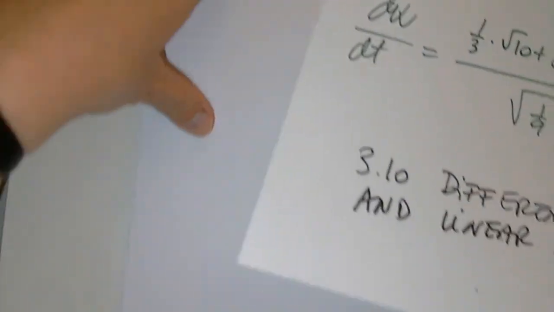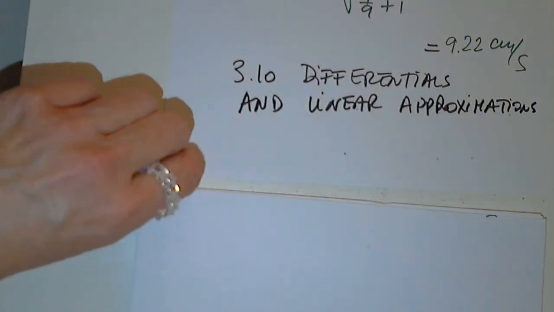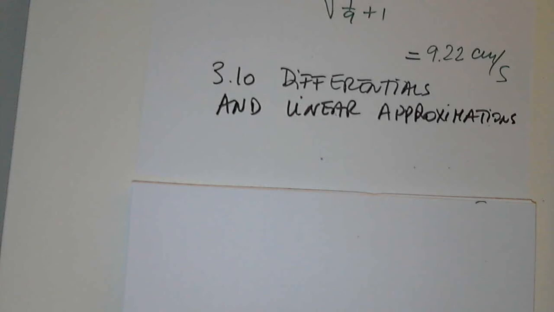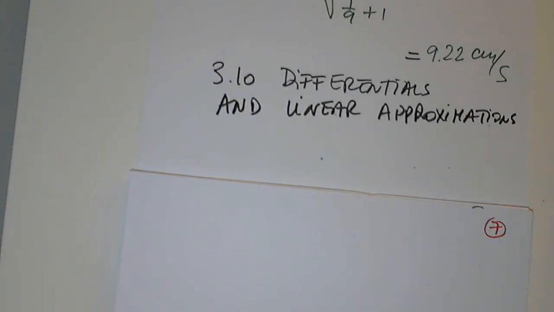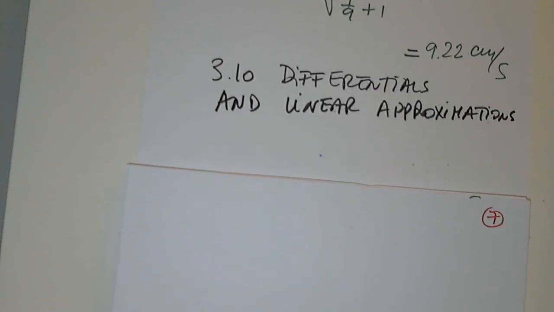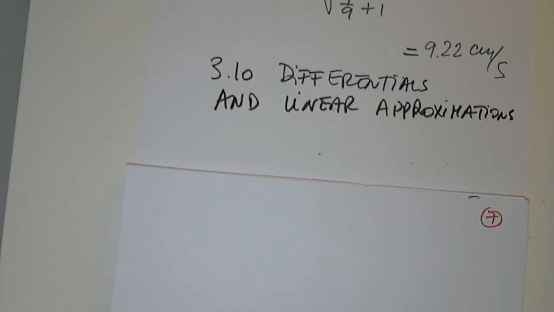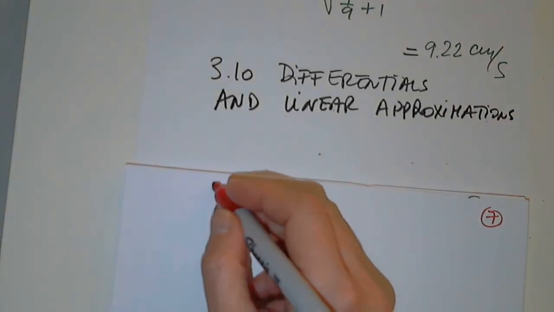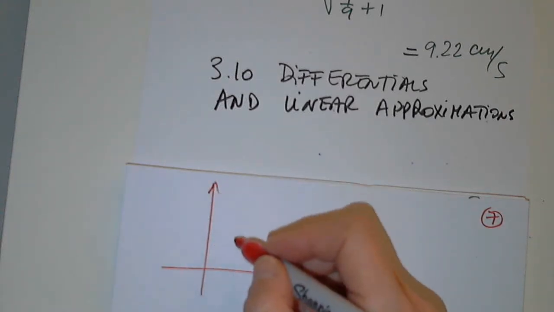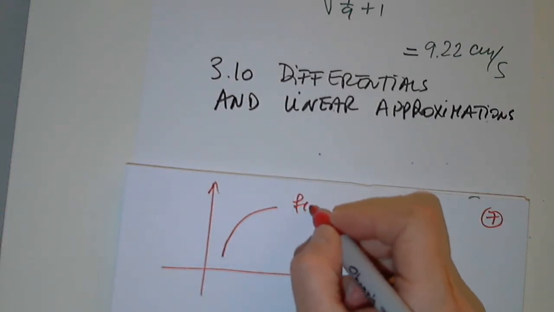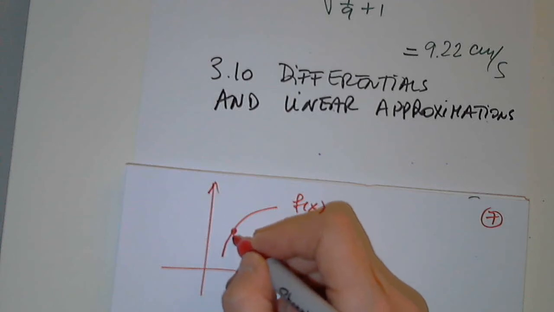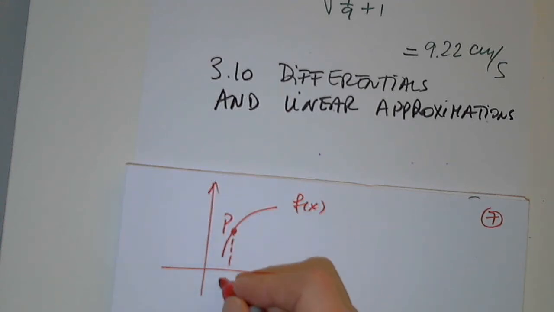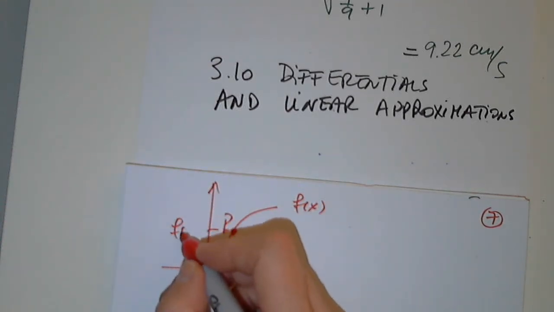This is what we did last time. I just want to show you again how powerful that result is. You will not even believe what you can do with that result. Remember what we did. We looked at one of our best friends, the function f of x, and we had P with x, of course f of x.